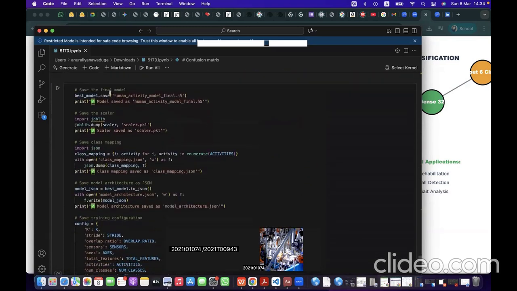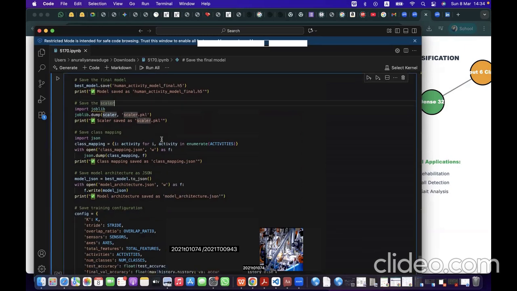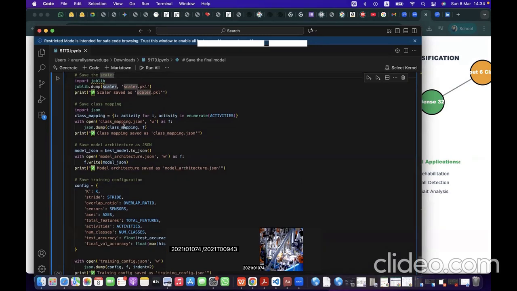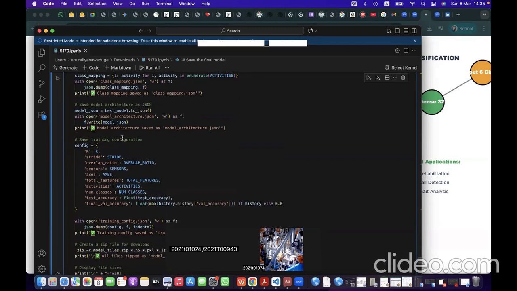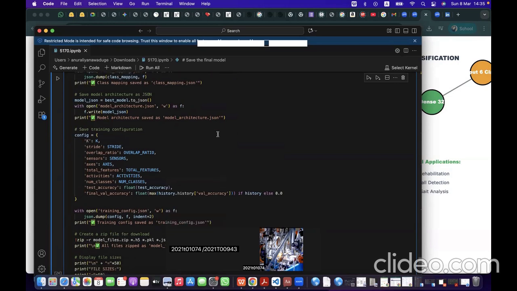Then I have saved the model with the H5 extension, and I have also saved the scaler using a joblib pickle file. In a JSON file, I have saved the class mapping.json. Again, we have a JSON file, that is model architecture.json.